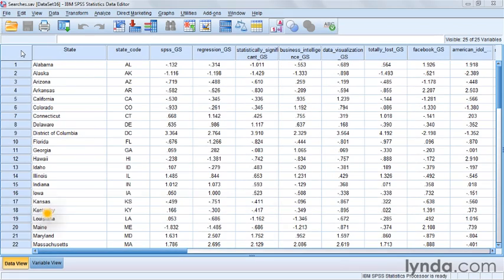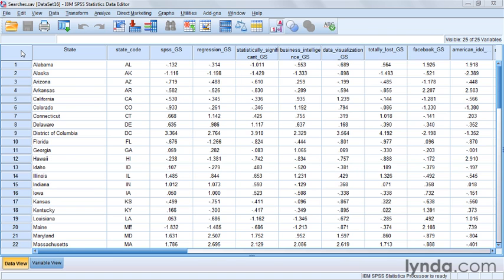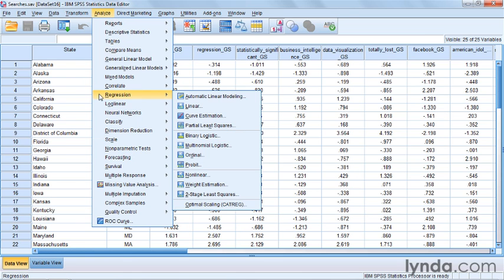For this example, we'll be using the Google search data again, searches.save, where we'll be using the percentage of people in a state with bachelor's degrees or higher as a way of predicting the relative level of interest in Facebook as a Google search topic. To do this, we go up first to Analyze, and then we come down to Regression, and we go to the second one down, Linear.